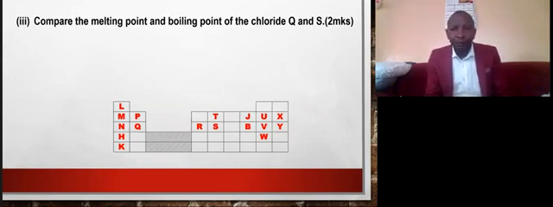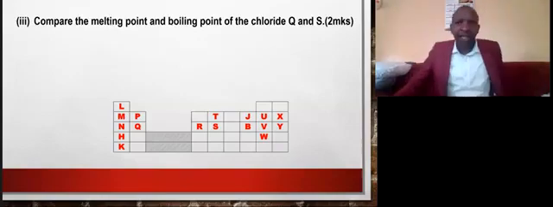This is because the chloride of Q has an ionic structure held together by giant ionic bonding, while the chloride of S has a simple molecular structure with weak van der Waals forces.